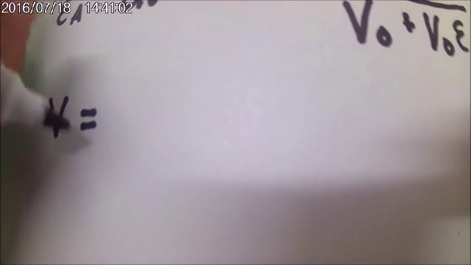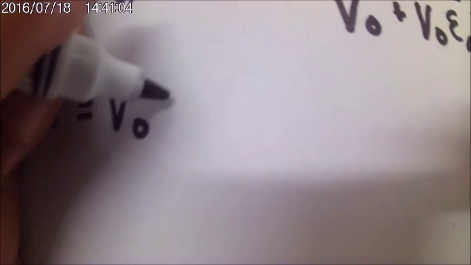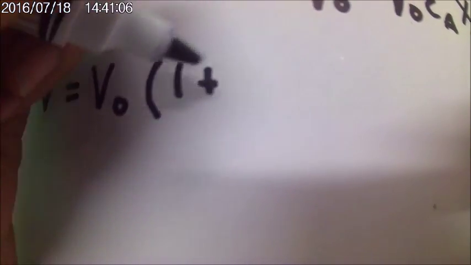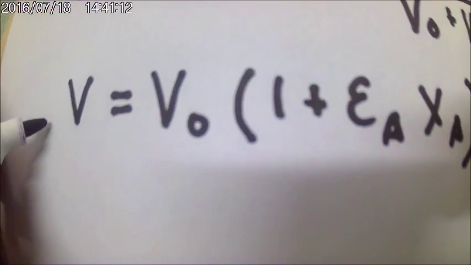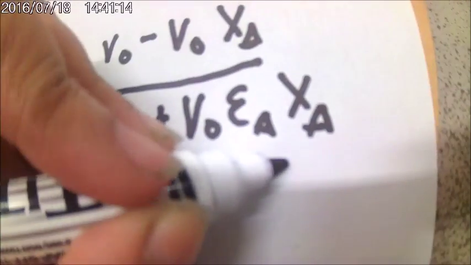And we have an equation that defines V as V naught times 1 plus epsilon A XA. So we can substitute V here.